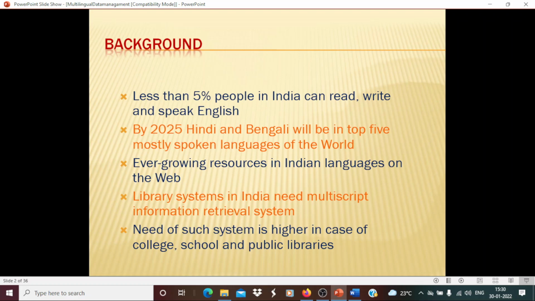So 95% of people are basically sufferers of the digital divide if we are not able to provide multilingual computing.